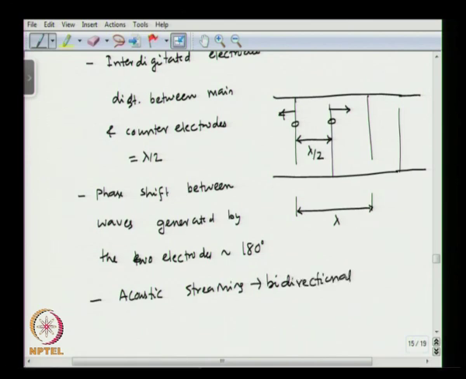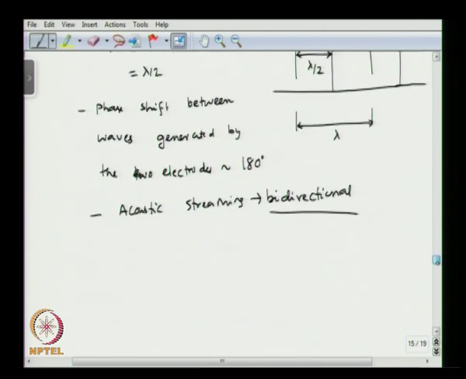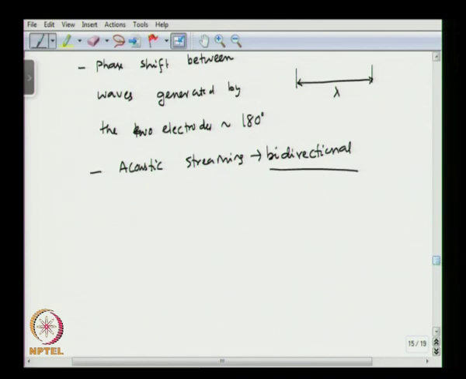So, the waves are going to go in both directions, and the resulting wave amplitude will be given by this expression. A(x,t) is A0 over 2 into sine(2 pi f t minus k x) plus sine(2 pi f (t minus 1 over 2f) minus k (x minus lambda by 2)), where A0 is the maximum amplitude.